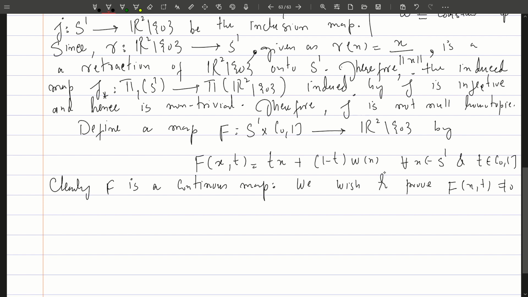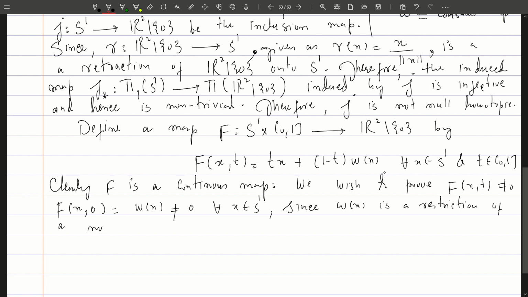For t equal to 0, F of (x,0) is actually w of x, and w of x being the restriction of a non-vanishing vector field, it also does not vanish. This is for all x in the circle. The reason is that w of x is a restriction of a non-vanishing vector field.